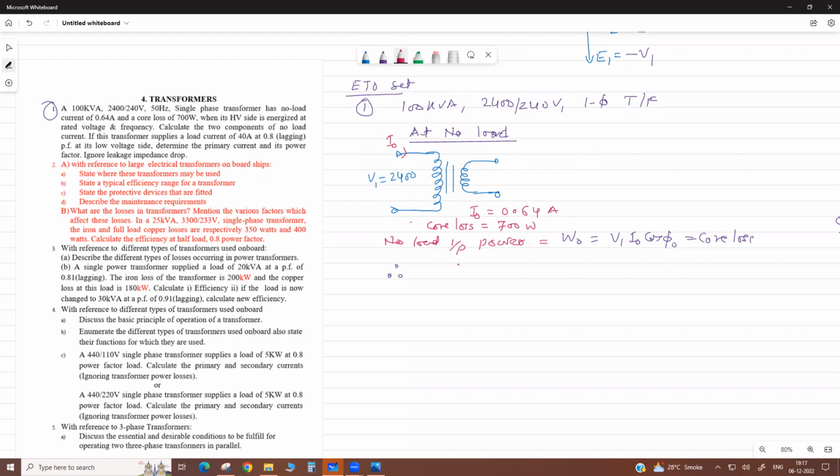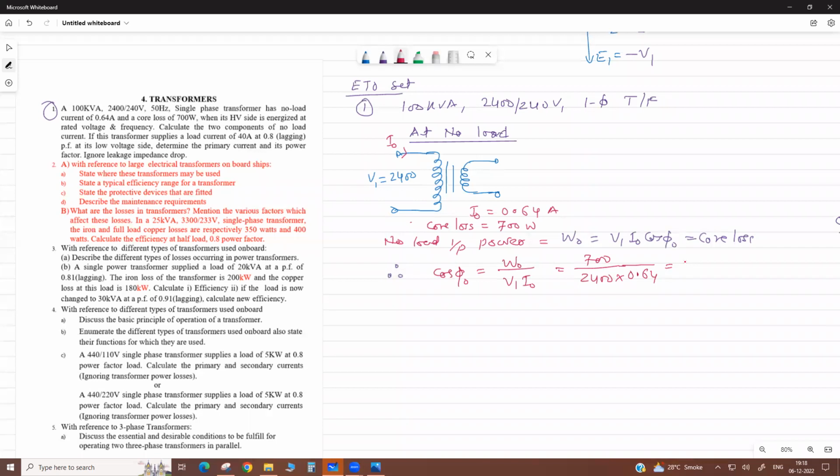From the no load power input we can calculate the no load power factor, that is W naught by V1 I naught, which is 700 divided by 2400 into 0.64.